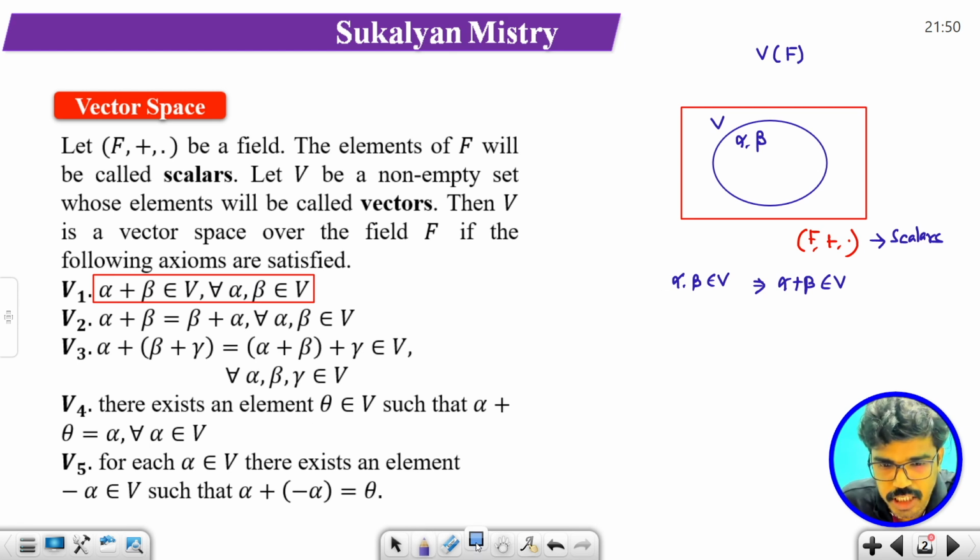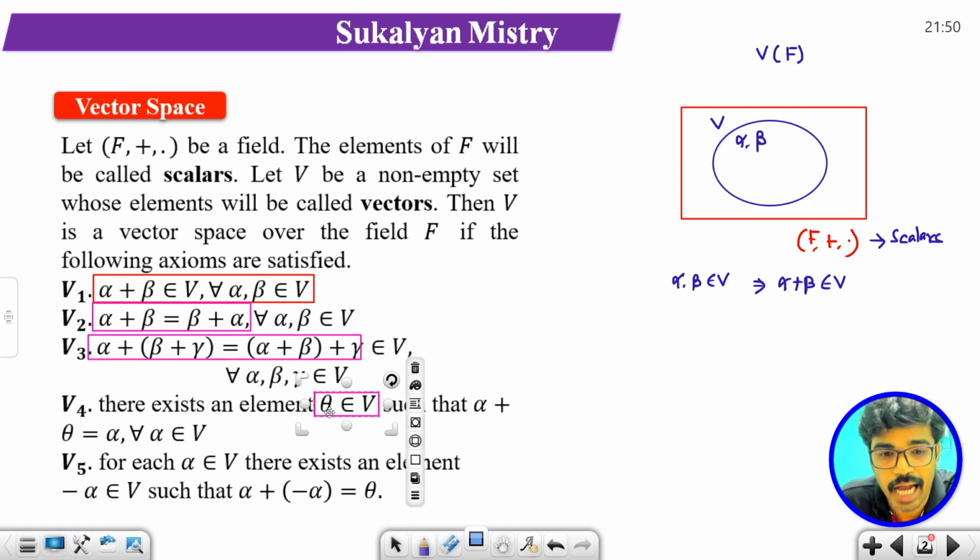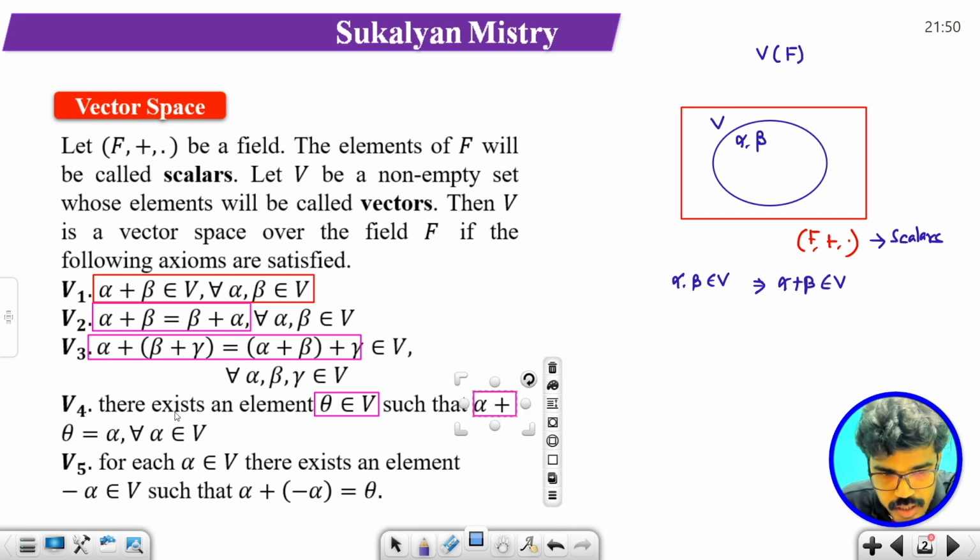Next property, that is the commutative property: alpha plus beta is equal to beta plus alpha. Okay, this is the commutative property. Next, associativity, just see, change the bracket. Okay, there exists an element, this is called the identity element, such that alpha plus theta is equal to alpha.